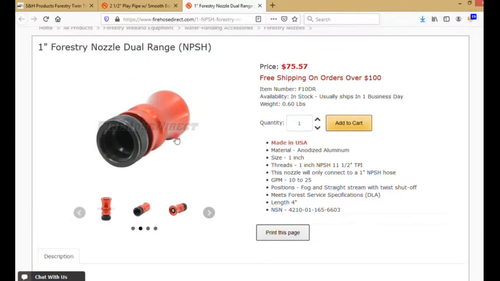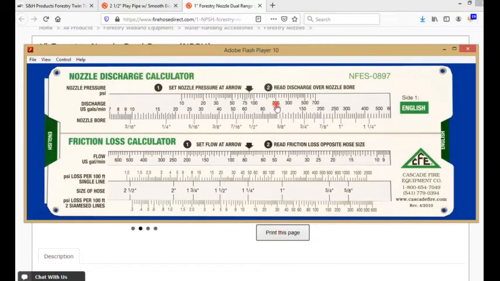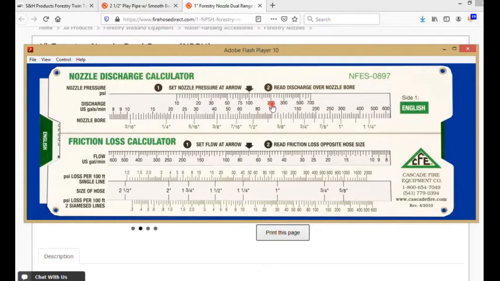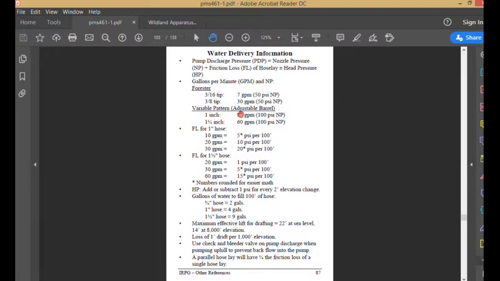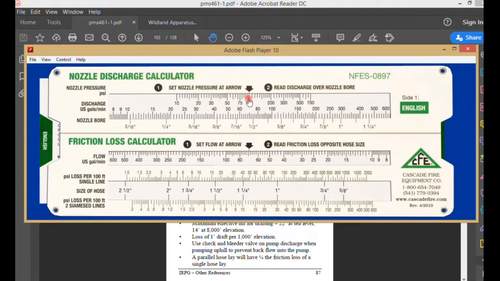So this is a combination nozzle. When we get back into this, one of the things you're going to want to do is set that for 100 if the nozzle's rated for that. Again, pay attention to what the manufacturer says. If it says, like the standard IRPG numbers, that for a variable pattern nozzle, 1.5 inch, you get 60 gallons a minute at 100 psi, well, then what you would do is come over here and do the 100, go down to where 60 gallons a minute is, and put a mark in permanent ink under the 60.